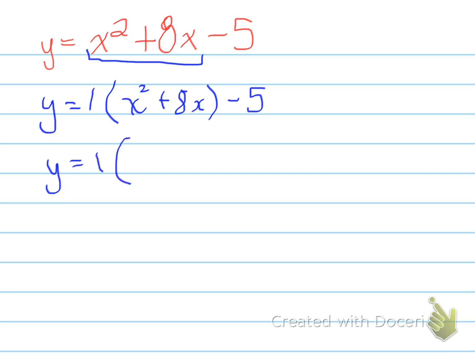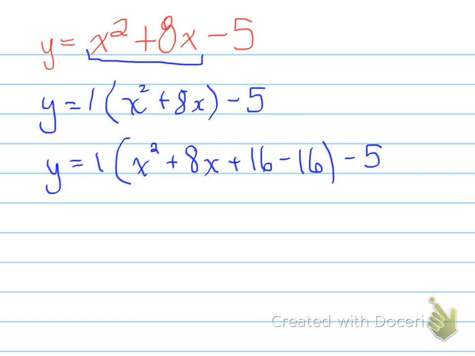What twins? Well, it will be this number divided by 2 and squared. So 8 divided by 2 and squared is 16. x squared plus 8x plus 16 and minus 16, and then minus 5.